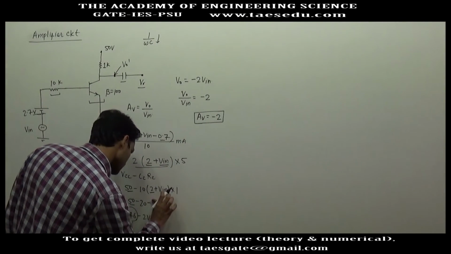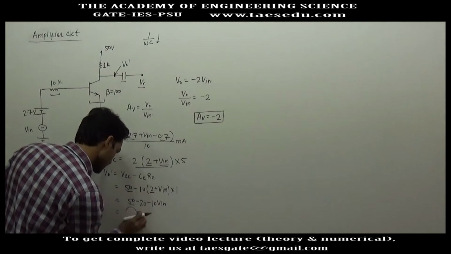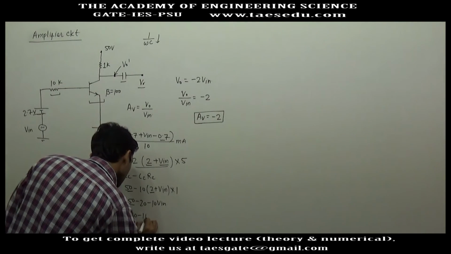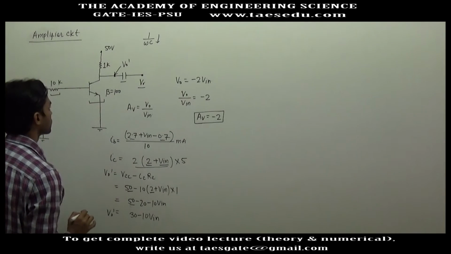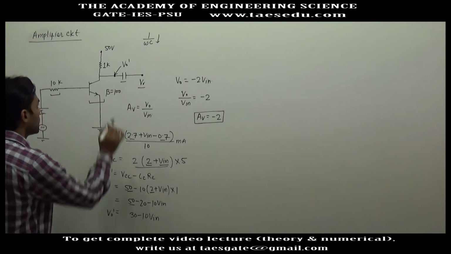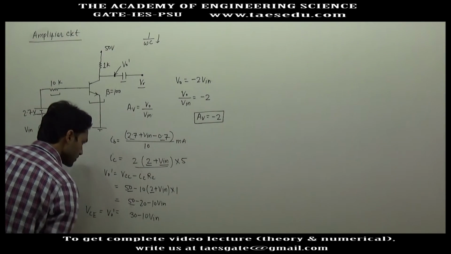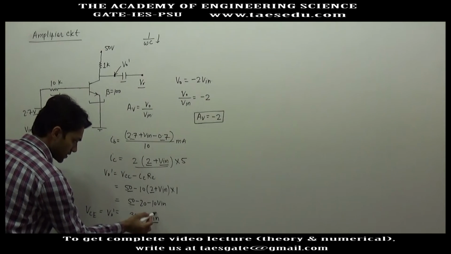Here you will get 20 minus 10 V input, so you will get 30 minus 10 V input as V naught dash. And V naught dash is nothing but VCE. Input is a small signal AC, so let us neglect it.